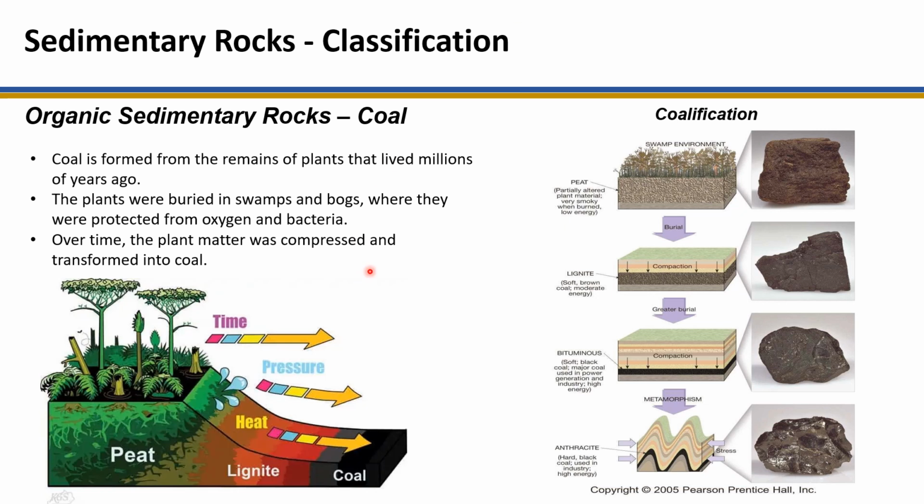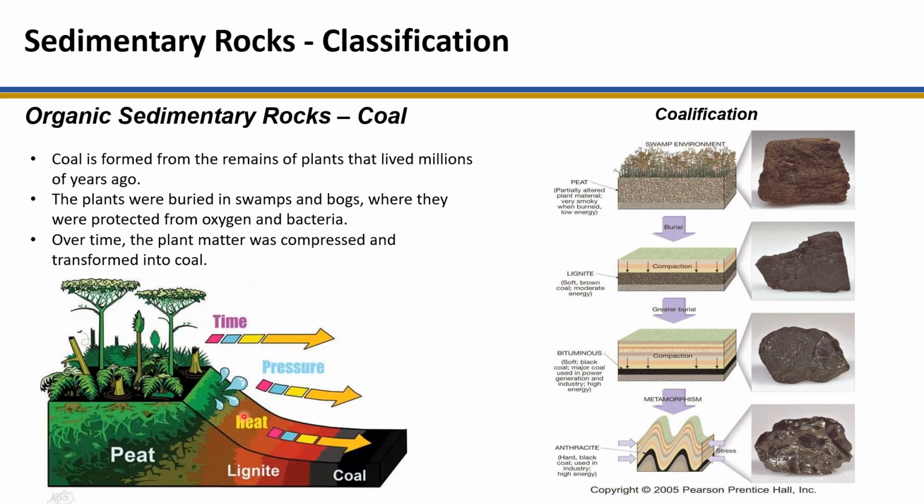Abundant plant matter is very crucial. The first requirement for coal formation is the presence of abundant plant matter. This plant matter must be buried quickly, preventing it from decomposing. Anoxic conditions are required, meaning the plant matter must be buried where there is no oxygen present.